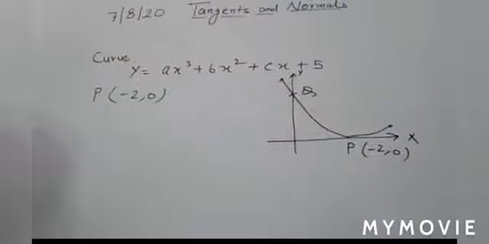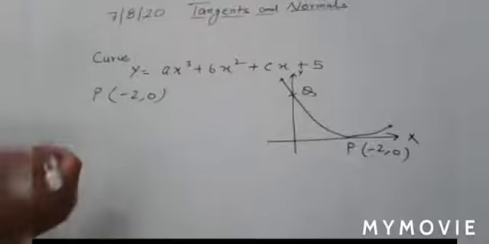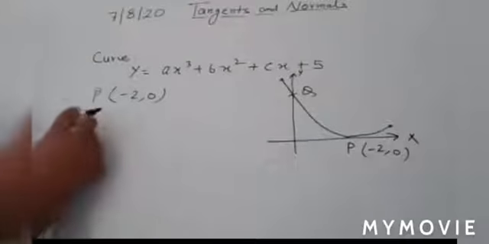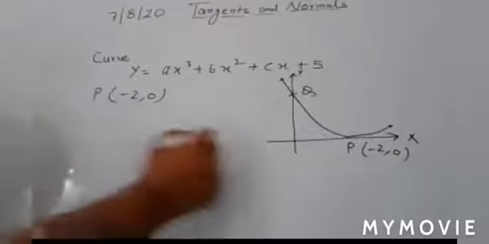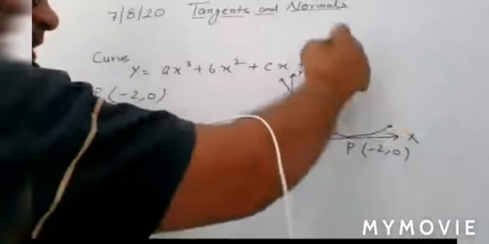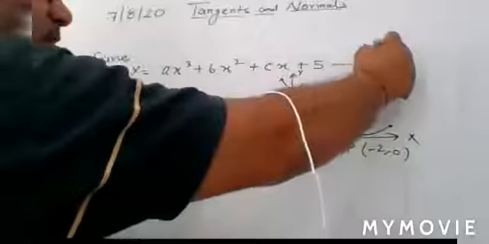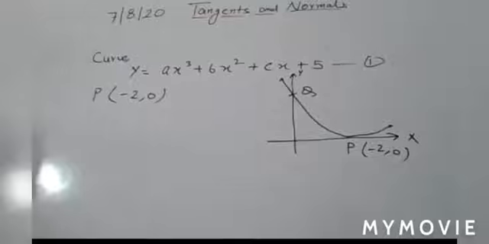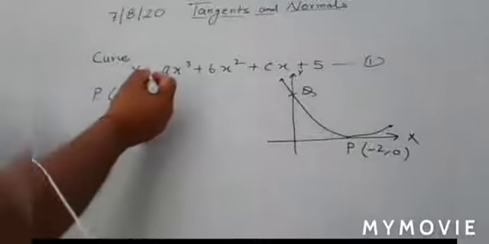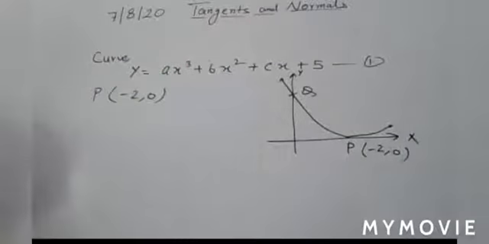Understand? Now, it is given that the curve touches the x-axis at this point, which means the point of contact is already given. So first of all, you have to take its derivative at the given point, so that gives the slope of the tangent.